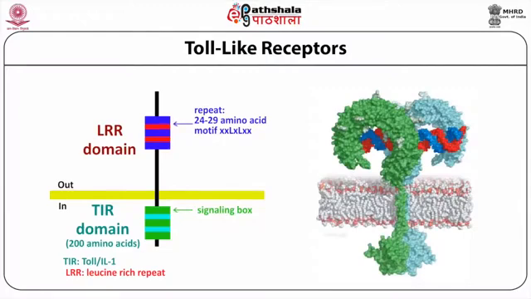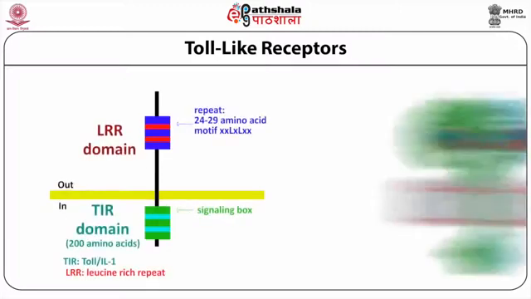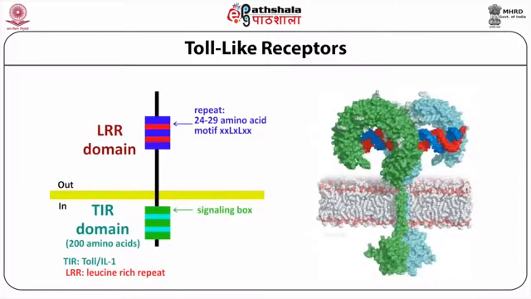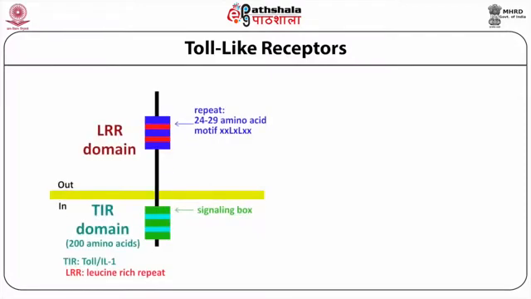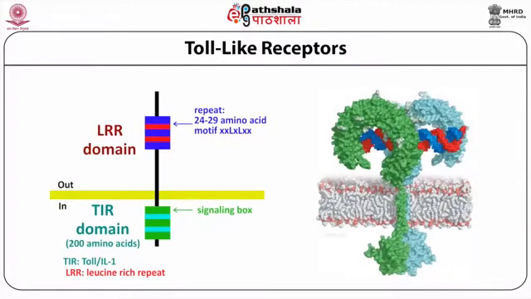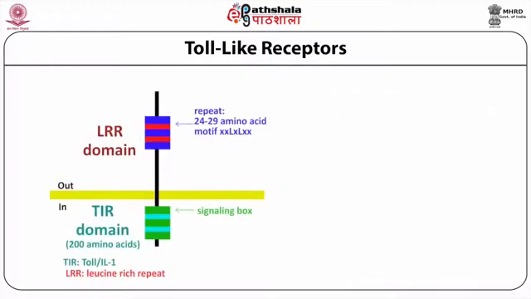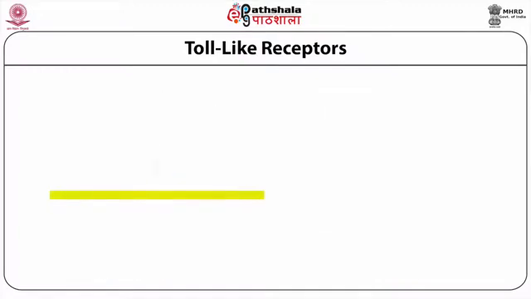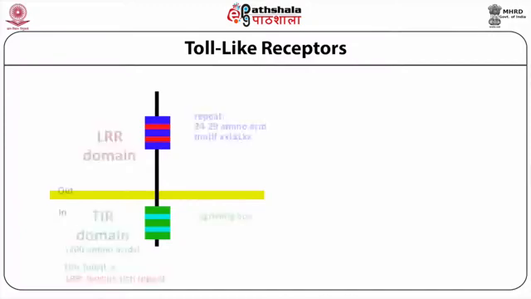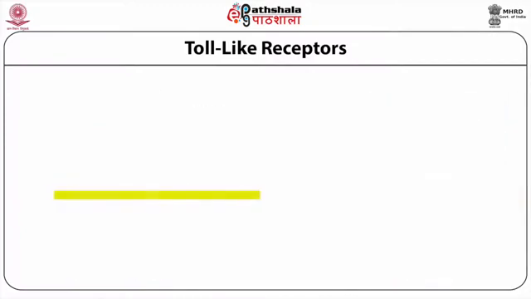Initially, toll receptor was discovered in the fruit fly Drosophila, and after the discovery in this organism, various toll-like receptors were later found in the mammalian systems. While most of the TLRs are present on the cell surface, especially on mononuclear phagocytes, some are also present on endosomes.